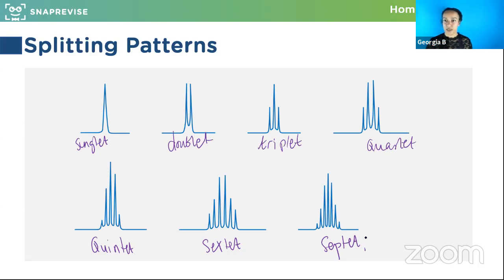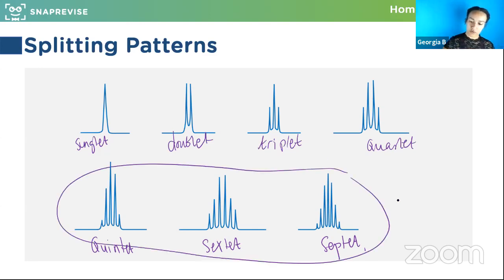So if you speak French, you'll be all right for the beginnings of the words, or if you remember some shapes. A lot of the time, these are just referred to as multiplets, or if it's really complicated and you can't tell what the splitting pattern is, that's a multiplet.